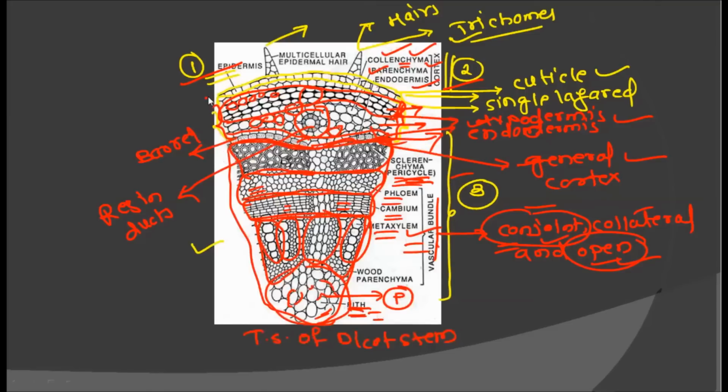Epidermis is single layered and has trichomes with cuticle. All right. Then cortex is made up of the hypodermis, general cortex, and endodermis. After that, we have stele, which is made up of the pericycle, then vascular bundle, and finally the pith. You have to remember the typical characteristics and the cells by which that particular region is made carefully.